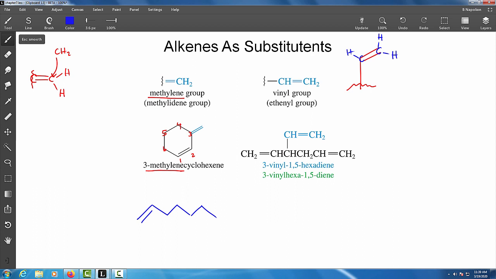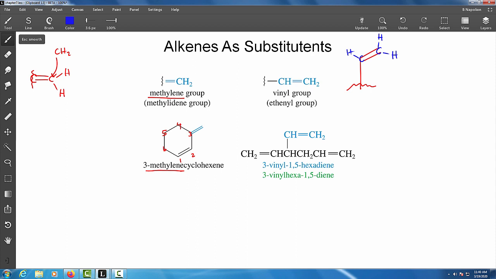This chain has double bonds, but this is not considered to be a methylene group. Okay, so we need a system that already contains double bonds.